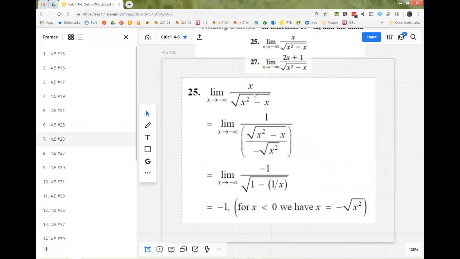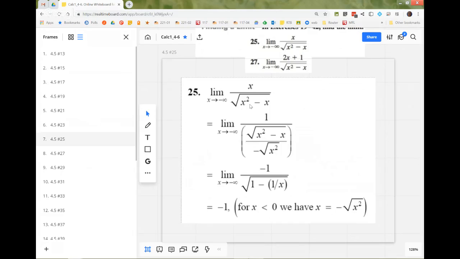Okay. So you can ignore this minus x, because when x approaches any kind of infinity, that's just going to be so insignificant. And you're taking the square root of x squared, so this is basically just an x. So in effect, we've got a tie, a first degree on the top and a first degree on the bottom.